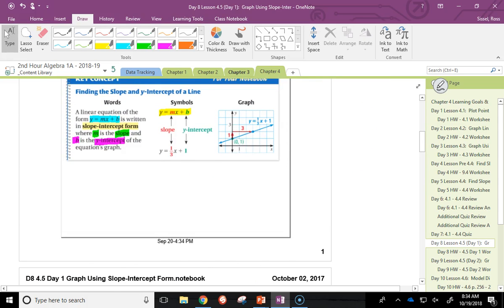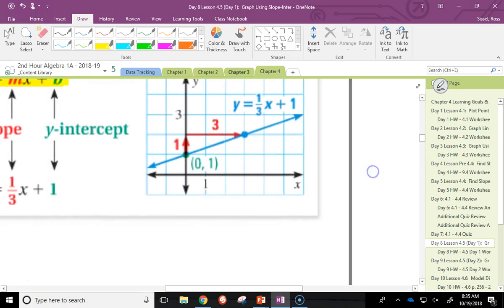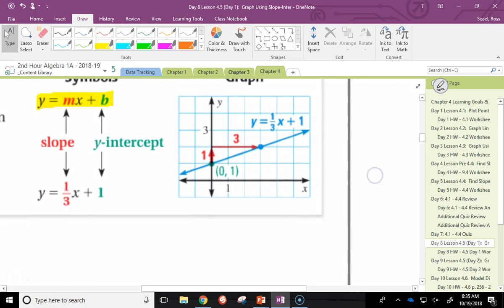If we look at this graph, I'm going to zoom in for us to see how they did this. They gave us the slope-intercept form y equals 1/3 x plus 1. The first thing you do is list the coordinate for the y-intercept. Our y-intercept is our b, or in our case it was +1.